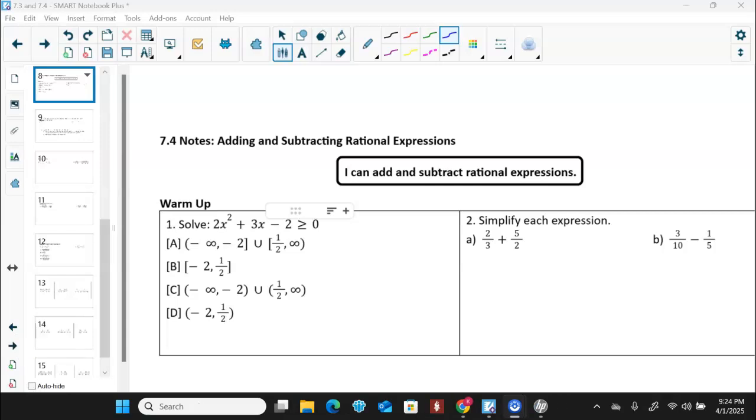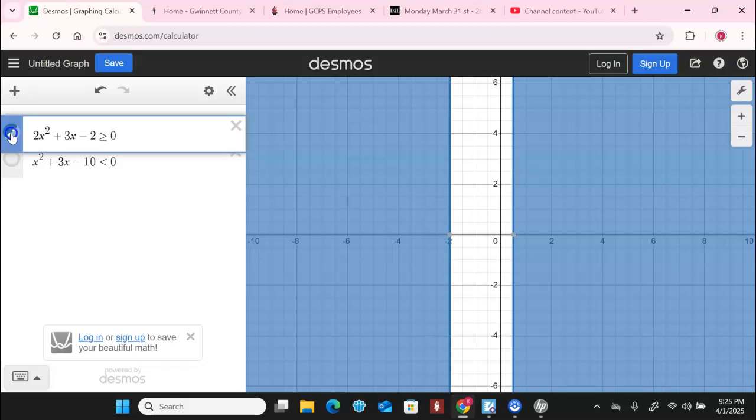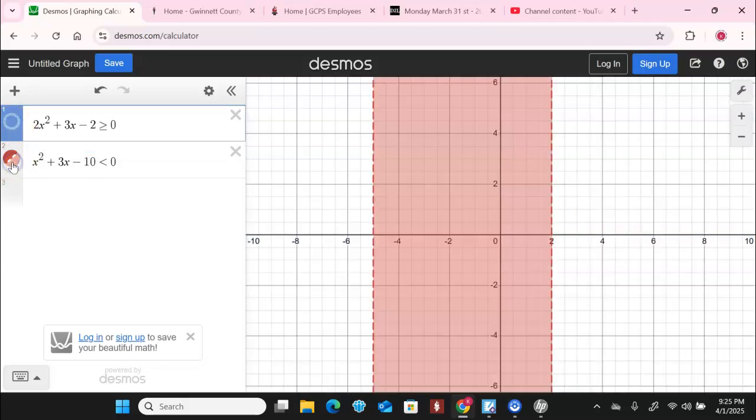All right, guys. This video is on adding and subtracting rational expressions. Another warm-up was an inequality: 2x squared plus 3x minus 2 is greater than 0. I have graphed it, and I want you to see the difference. Let me remind you, this was your first inequality, which was in between the points.